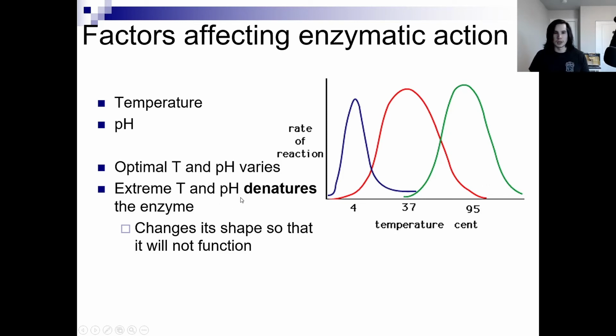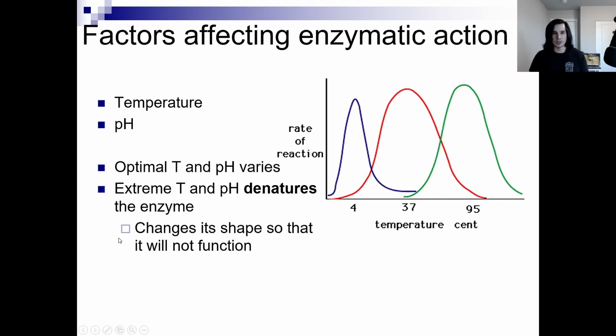So despite all this, extreme temperature and pH will denature an enzyme. To describe what denaturation is, denaturing something is to kind of break it down, to make it a gooey, sloppy protein. So if we're denaturing a protein, we're breaking apart its hydrogen bonds and even some of its covalent bonds that actually hold it together.